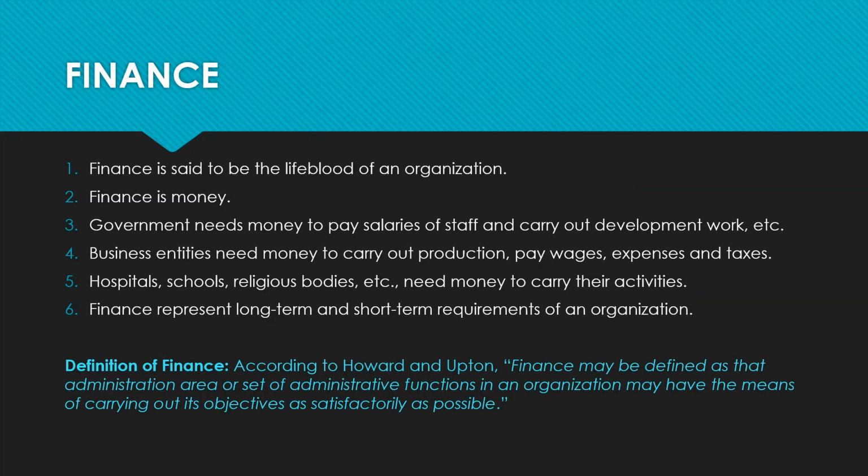You have manpower, projects, ideas, decision-taking capability, expertise. But without finance, you cannot perform a single activity in an organization. That's why we call finance the lifeblood of an organization.